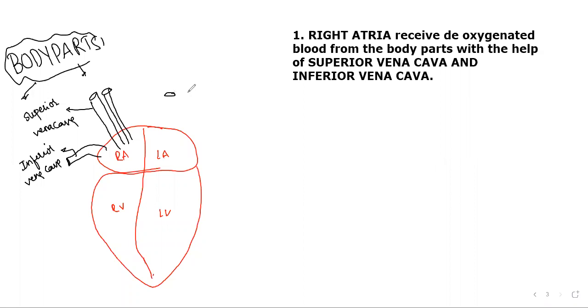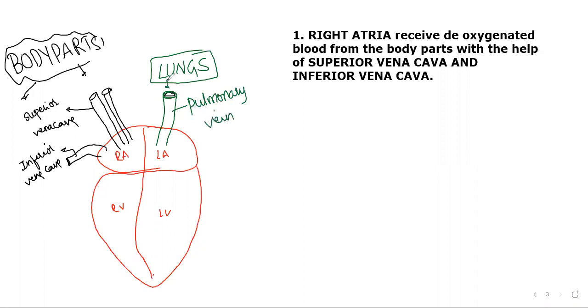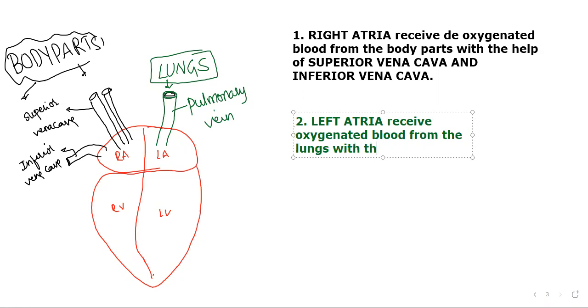Left atria collects the oxygenated blood from the lungs with the help of pulmonary vein.